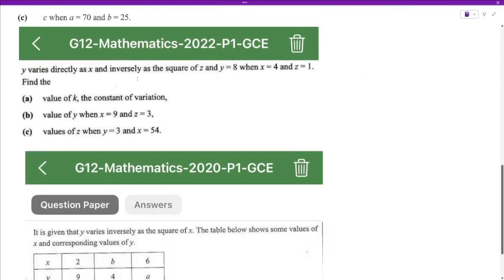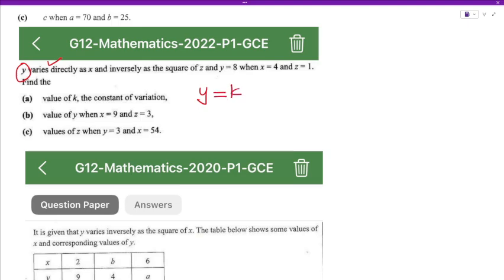So this one says, given that y varies, you write y varies, you put an equal sign and you add a k. The word varies is what means that. For those that joined late, whenever you see the word varies, you put an equal sign and you add a k.